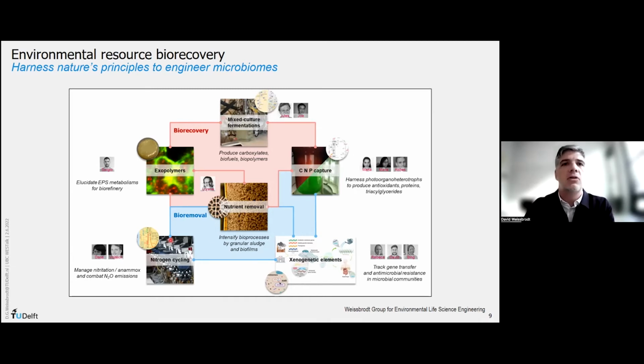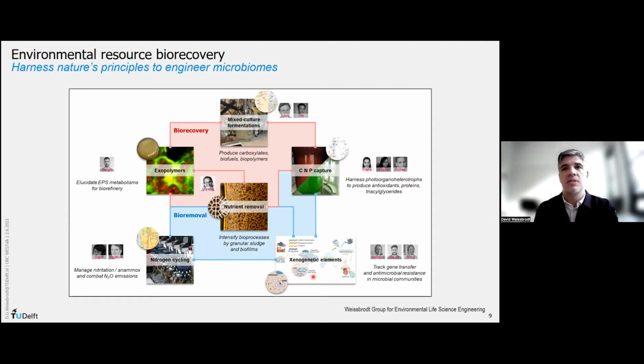We look at nitrogen cycles in bioreactors and try to understand the pathways.